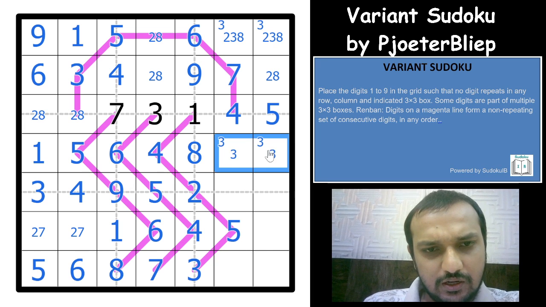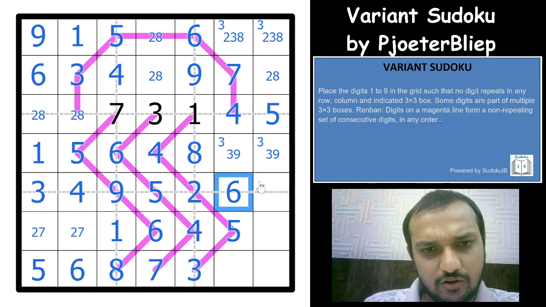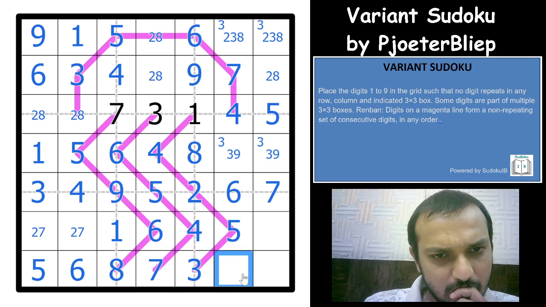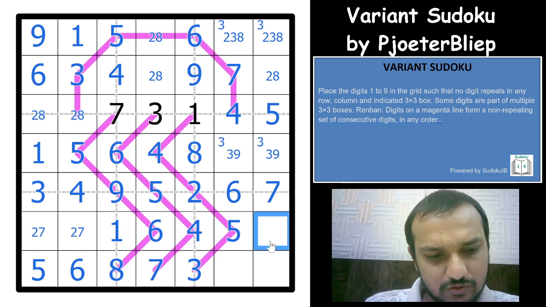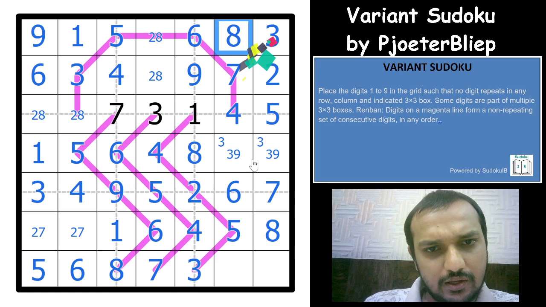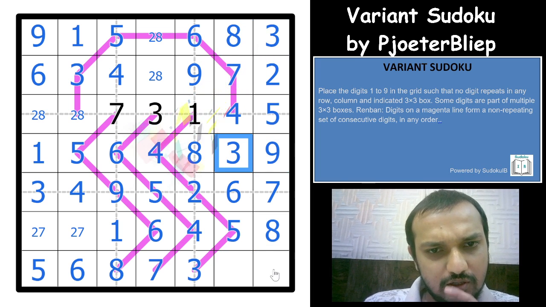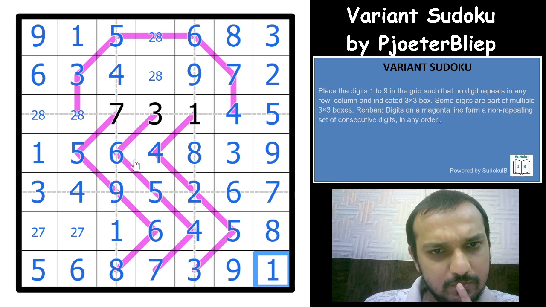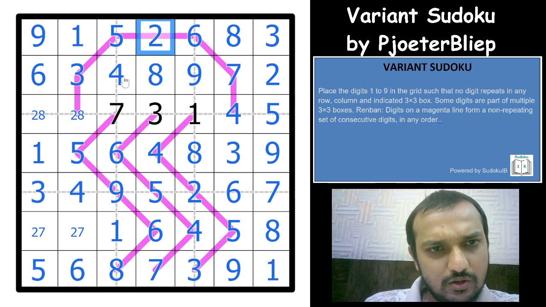So this is 3 and 9, 6 and 7 in any order. So this is 6, this is 7, 1, 8 and 9. So this would have to be 8, 2, 3 and 8, 9 and a 3, 9 and a 1, 8 and 2, 8 and a 2 and 7 and 2.